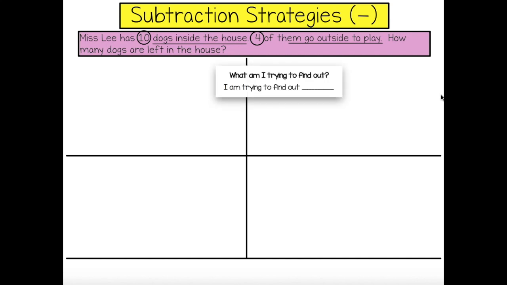Now, what are we trying to find out? What is the question asking us to do? Bingo! They're asking us to find out how many dogs are left inside the house.